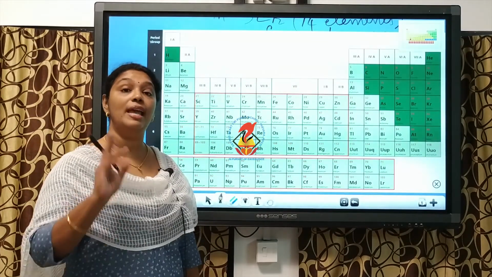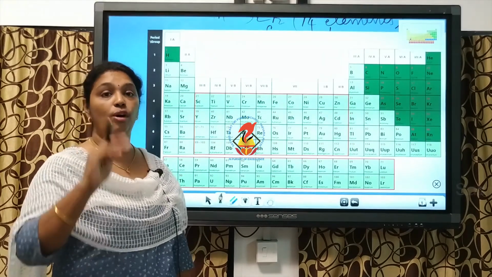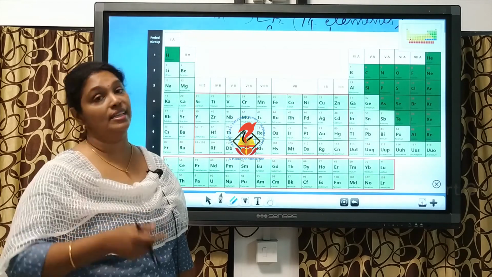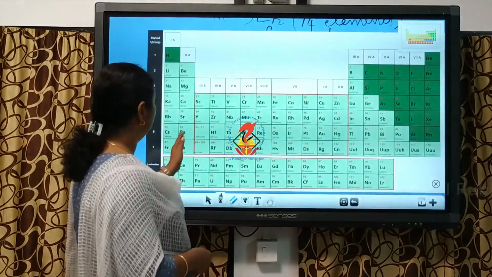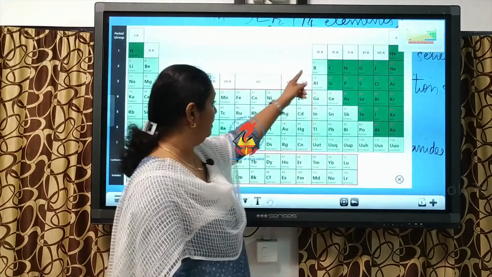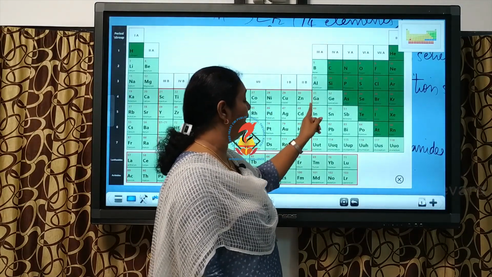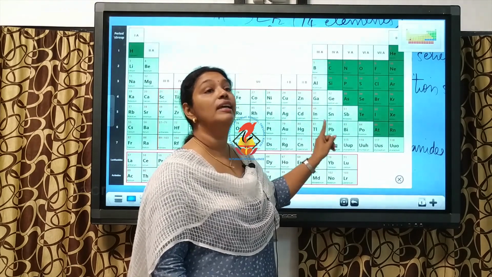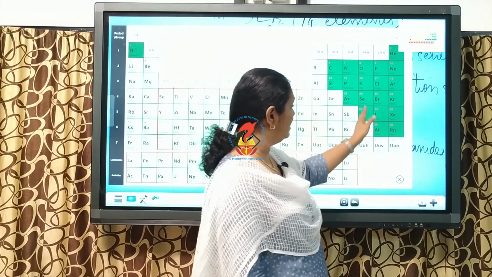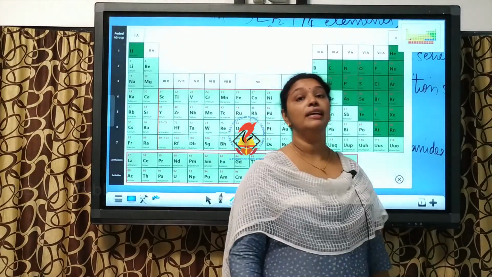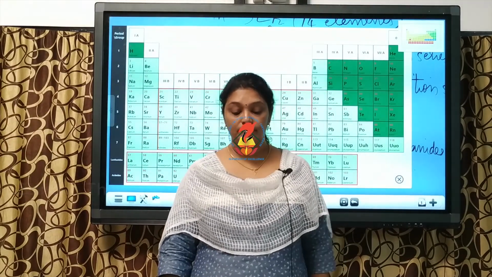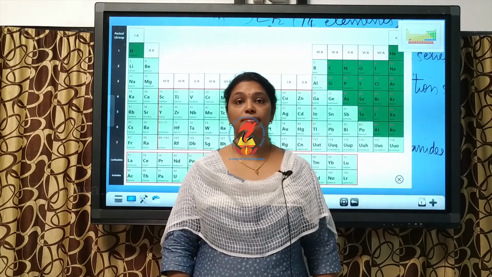But they have same number of valence electrons. All these elements in group 1 have 1 electron in their s orbital. Same way, group 2, the number of valence electrons is 2. Group number 13, boron, aluminium, gallium, indium, thallium, we have 3 electrons in the valence shell. 14 has 4, 15, 5, 16, 6, 17, 7, 18, 8 valence electrons. So this is about the groups.